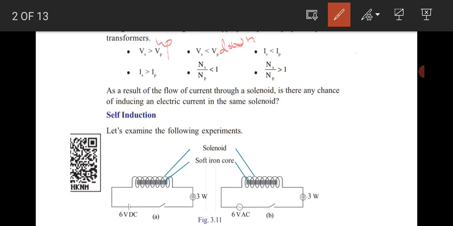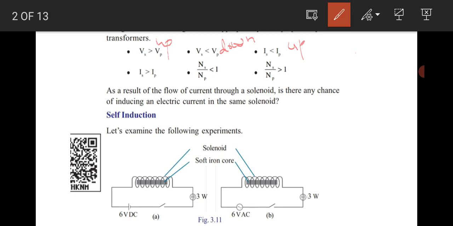Next take the third relation, Is less than Ip. Which transformer represents this relation? Yes, that is step-up. How does it become a step-up transformer? Because here the current in the primary is greater. When the voltage increases in one coil, the current decreases there.